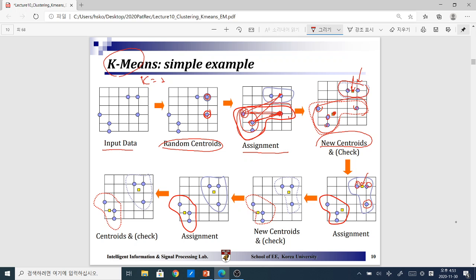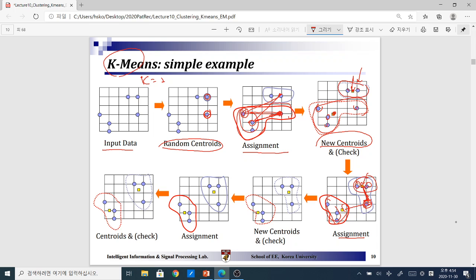Because as you can see, the distance from the new centroid to here, compared to this one, is much shorter. So we can say that this belongs to this new cluster. And similarly, these 3 samples belong to this. So we now have accomplished assignment to the new centroids.